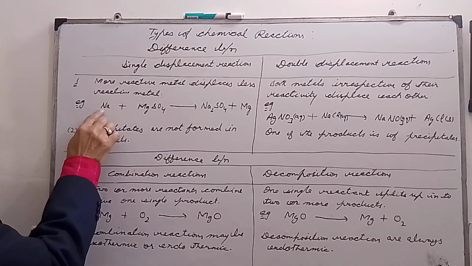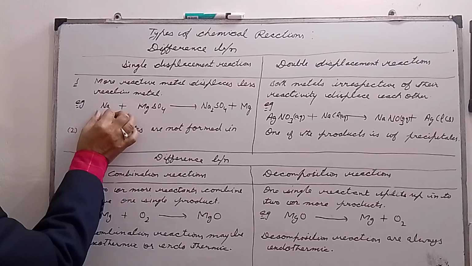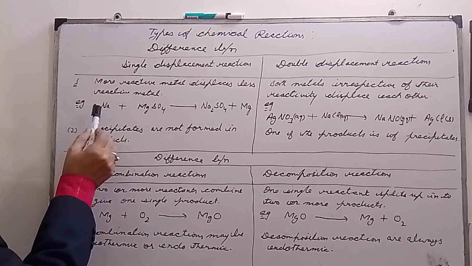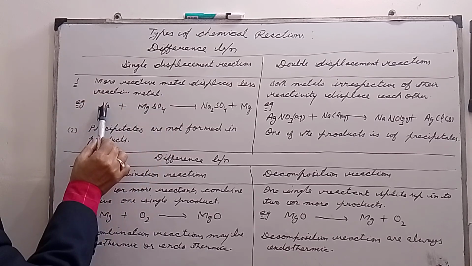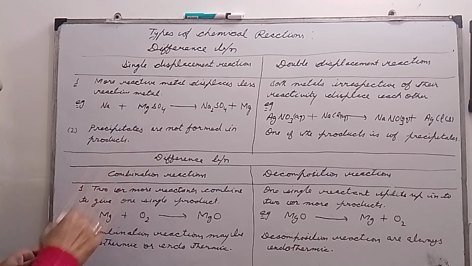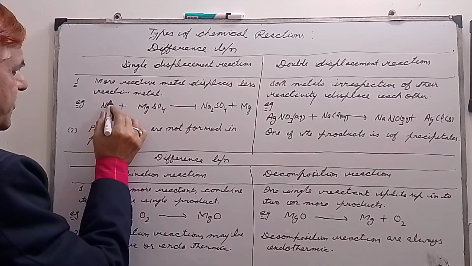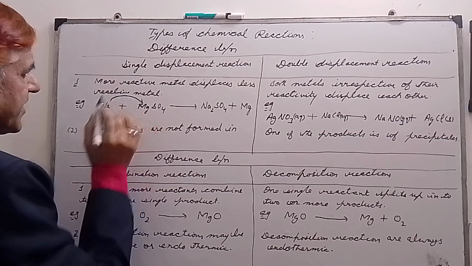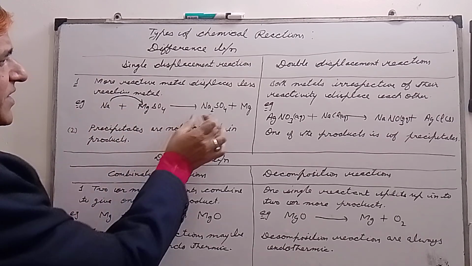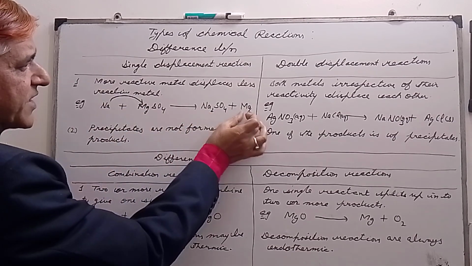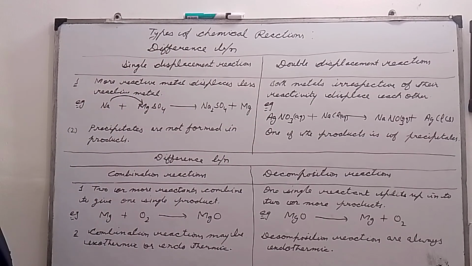Now we know that sodium is more reactive. Here, sodium plus magnesium sulfate, and in this equation sodium is more reactive than magnesium. So sodium will displace magnesium and we will get sodium sulfate and magnesium as products.